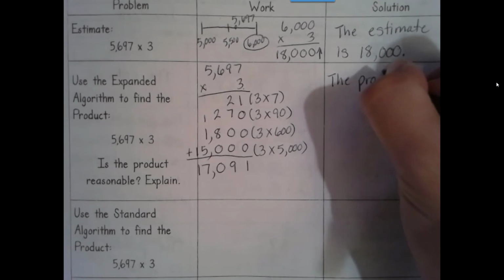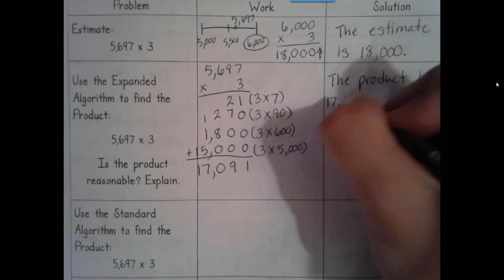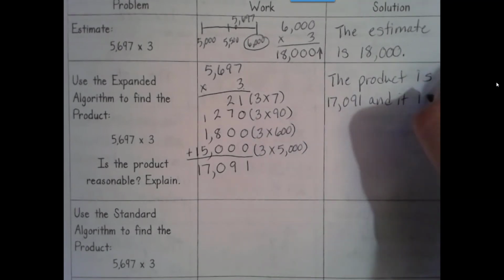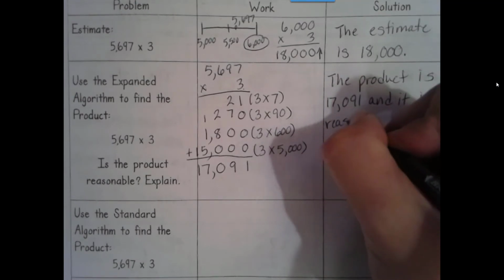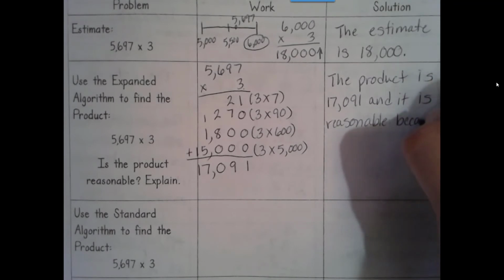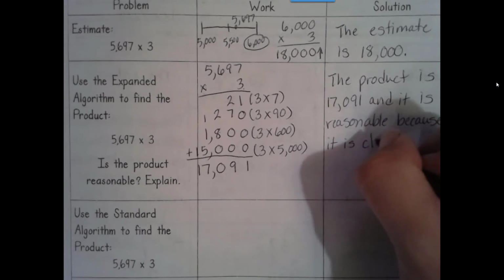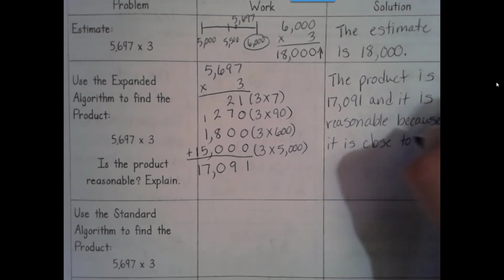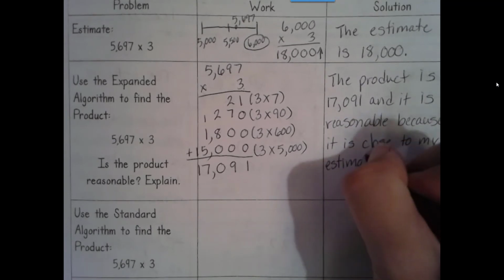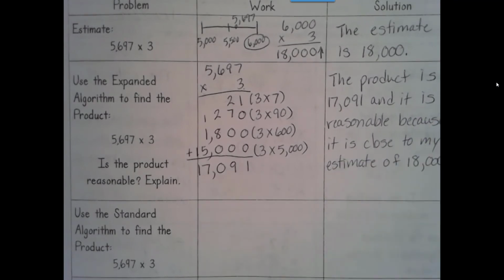The product is 17,091, and it is reasonable because it is close to my estimate of 18,000.